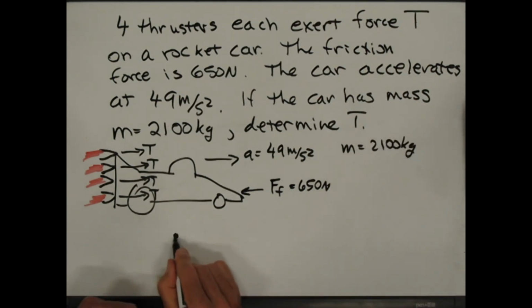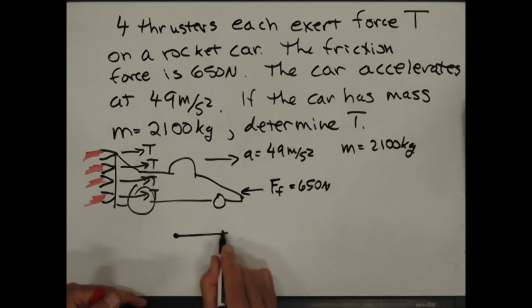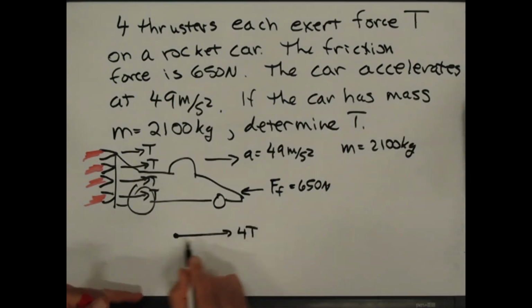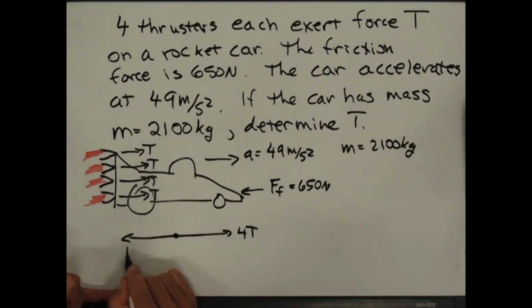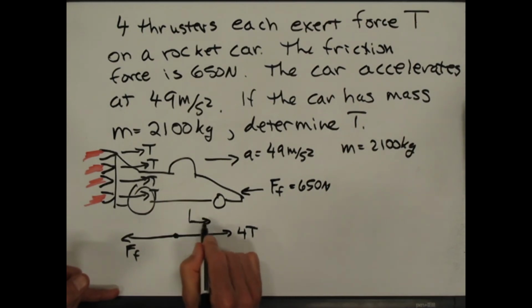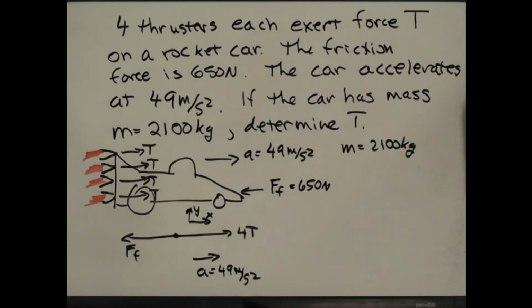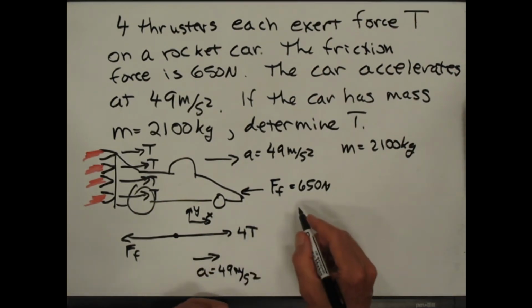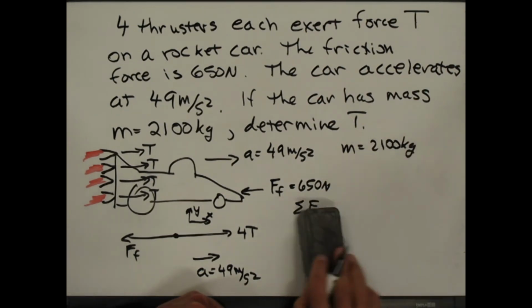And so if I draw a free body diagram for this, I can have 4T going this way and F_F going that way, and I have an acceleration going this way, which is 49 meters per second squared, and I can draw a little coordinate system like this, y and x. Let me write it all out so we get it right.